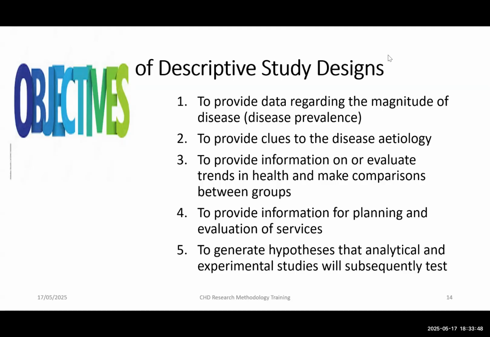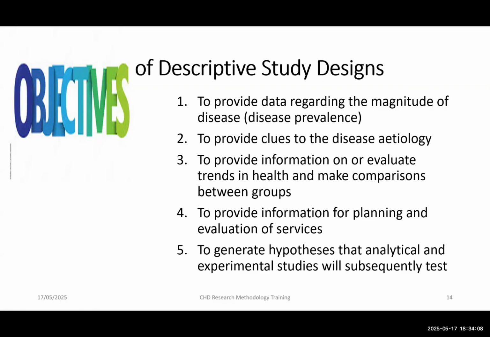And lastly, which is very important, the descriptive study helps you to generate a hypothesis. On its own, you cannot test a hypothesis with a descriptive study. At the end of the day, you can say that diabetes is prevalent among old people because there's a relationship.